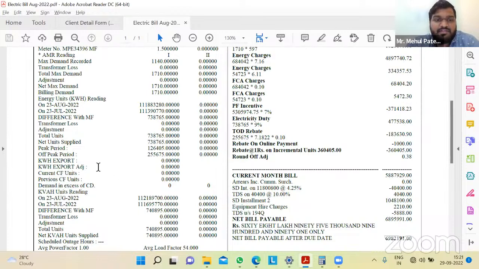So 25 is the off-peak period reading, that is 2,55,657,675 units consumed during the night time. You get rebate on it. So the rebate is this much, and you get this amount in minus. Fine. Rebate on online payment, government.